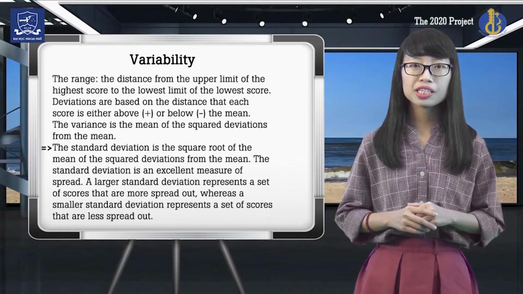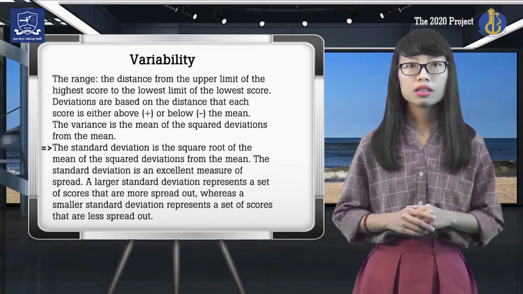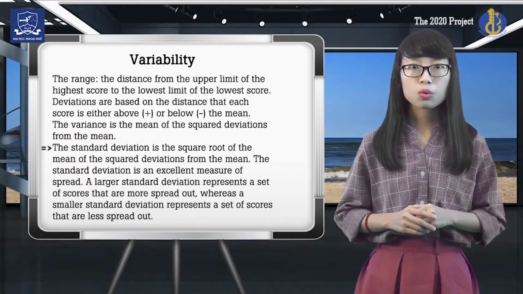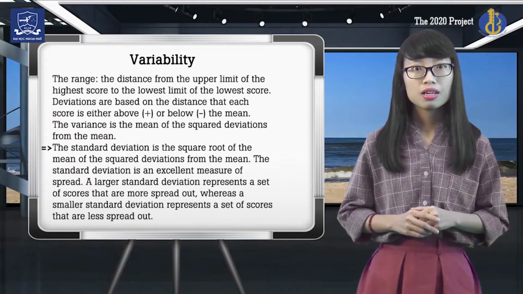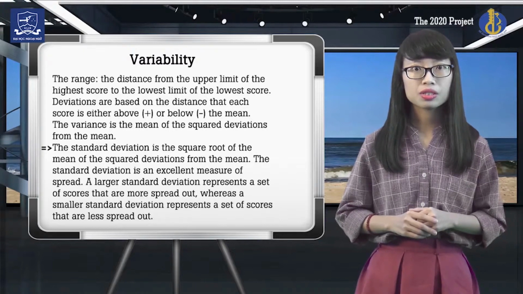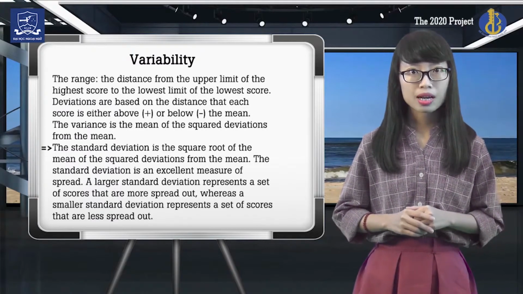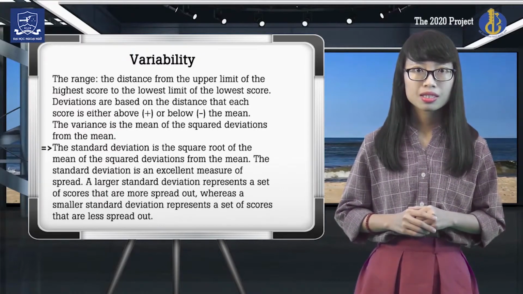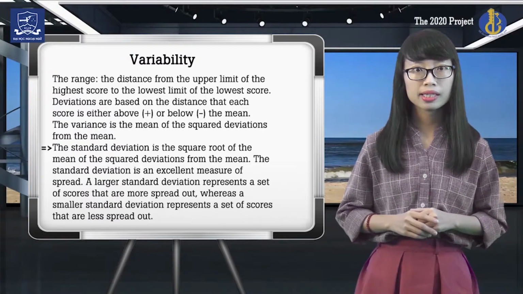The standard deviation is a very good measure of spread. A large standard deviation represents a set of scores that are more spread out, whereas a smaller standard deviation represents a set of scores that are less spread out. For example, you have two tests with a possible range of scores from 0 to 10.